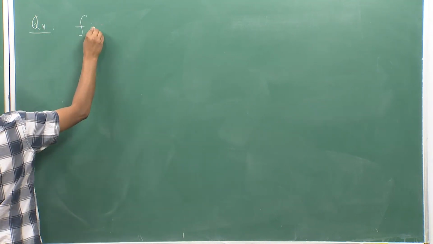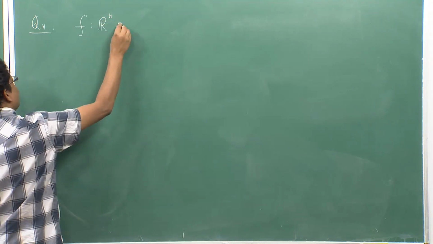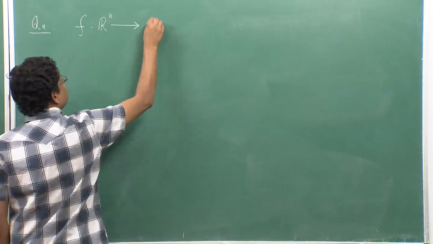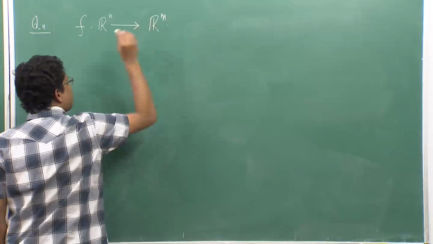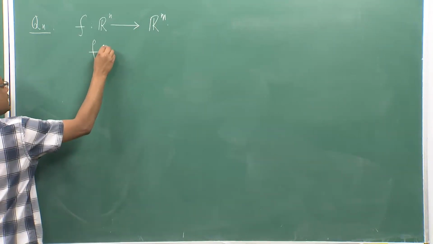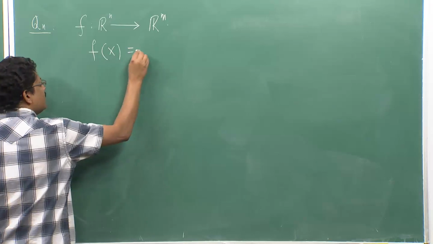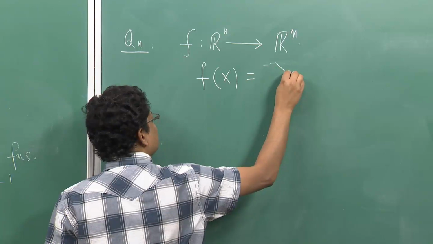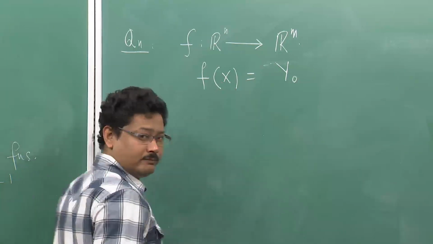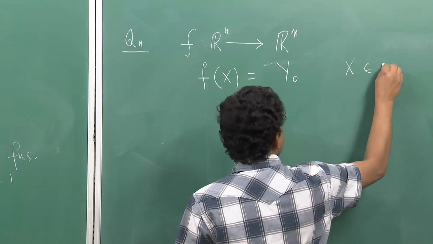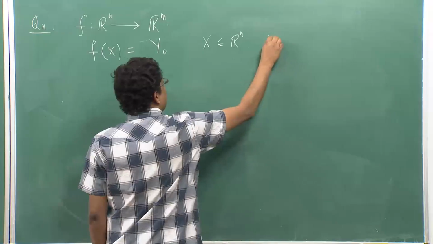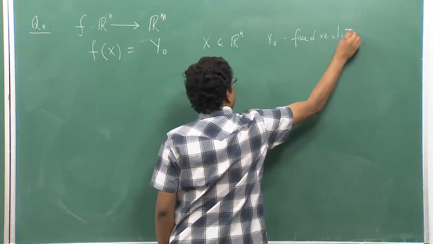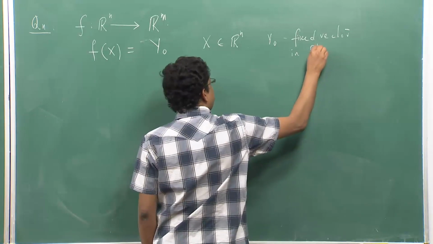Suppose I have a function f from Rn to Rm, and I look at a generalized level surface f(x) = y naught, x in Rn, and y naught is a fixed vector in Rm.